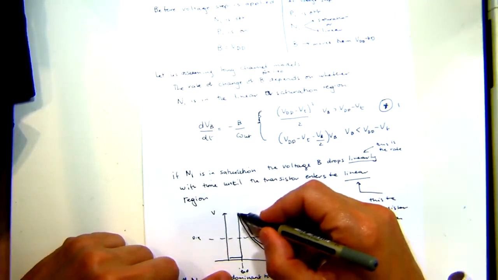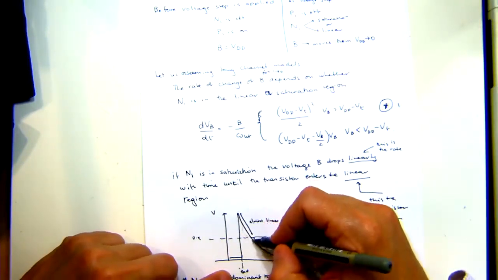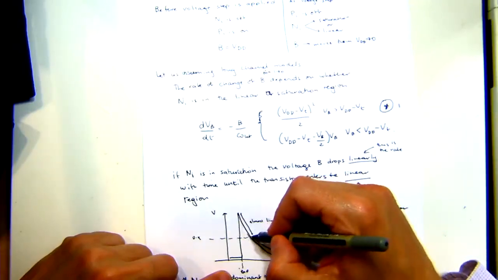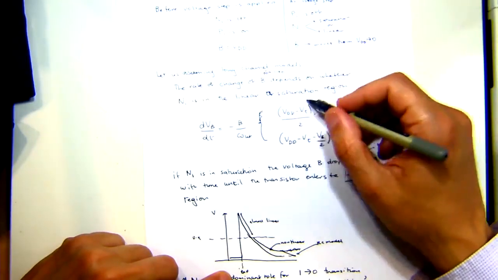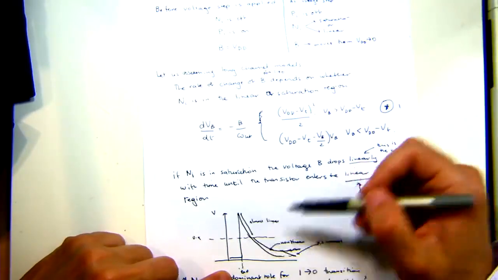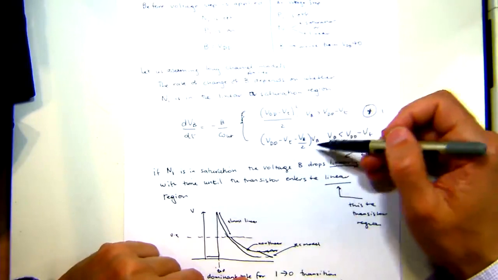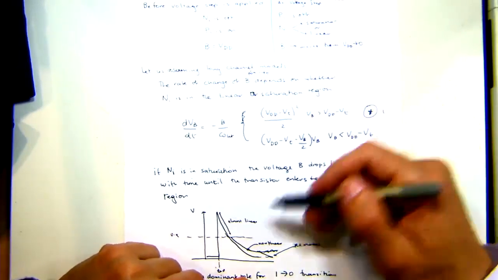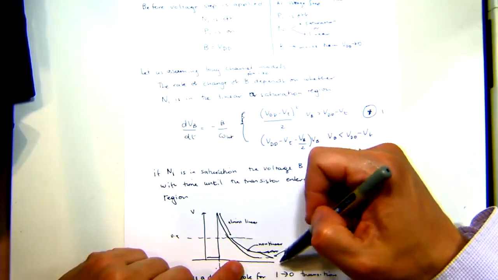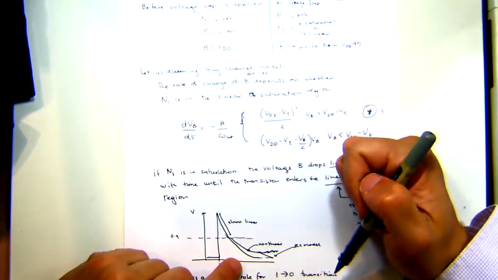You've got your voltage, and then all of a sudden it begins to die out. Initially it dies off linearly in this region, because this doesn't depend on VB. Then once it goes into the linear region, you've got it depending on VB. It's a nonlinear equation, and you've got this decaying type of relationship.